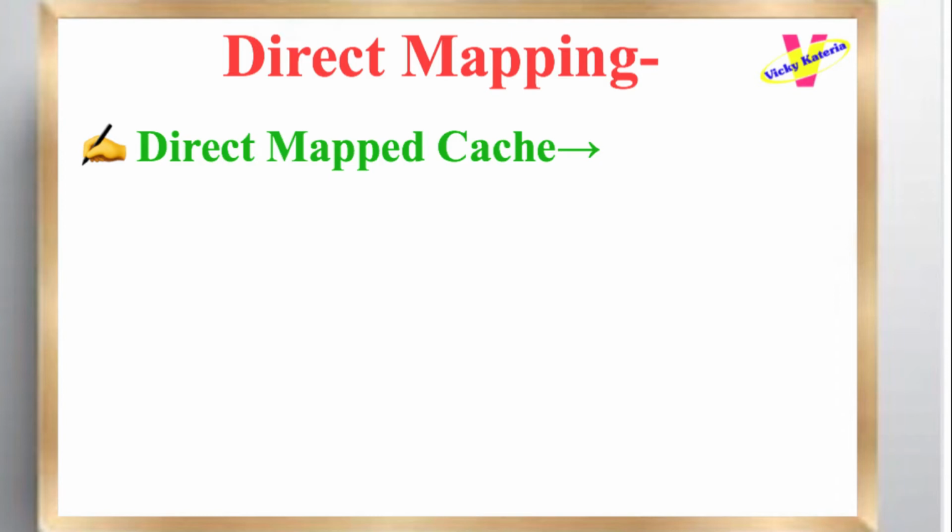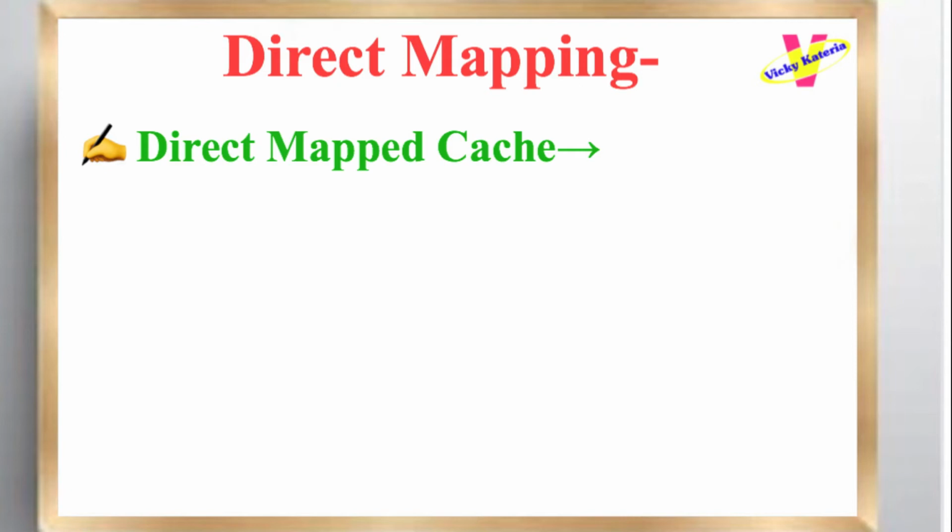Direct mapped cache. Direct mapped cache employs the direct cache mapping technique. The following steps explain the working of direct mapped cache. After the CPU generates a memory request, the line number field of the address is used to access the particular line of the cache.